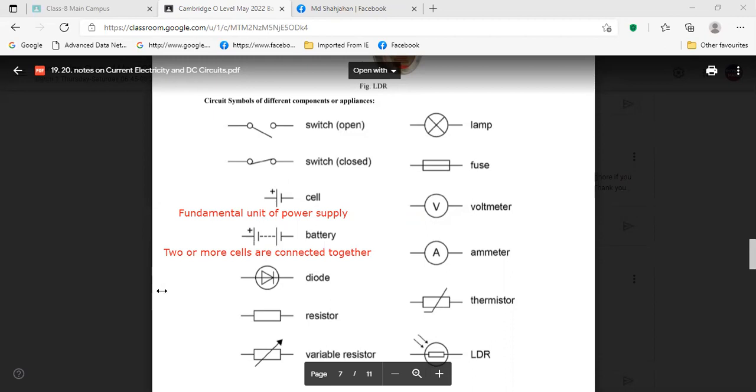And then diode: it allows the current to flow in one direction.